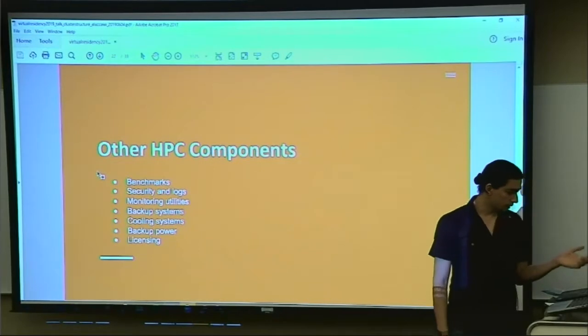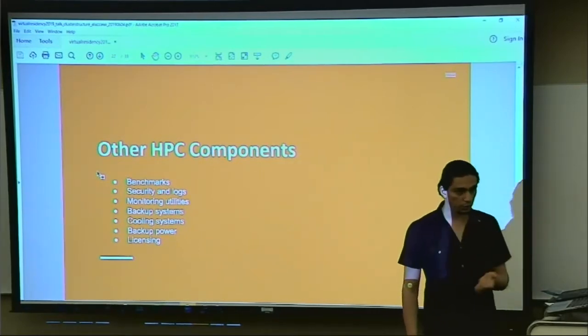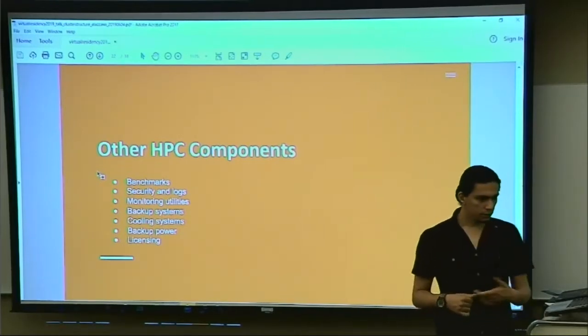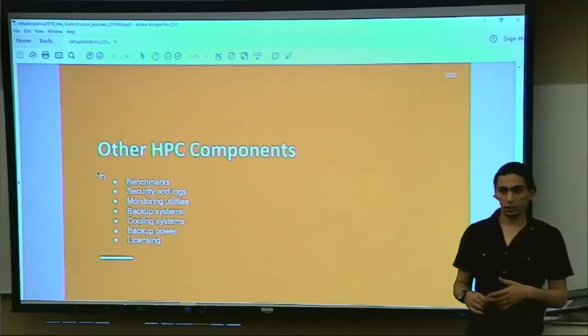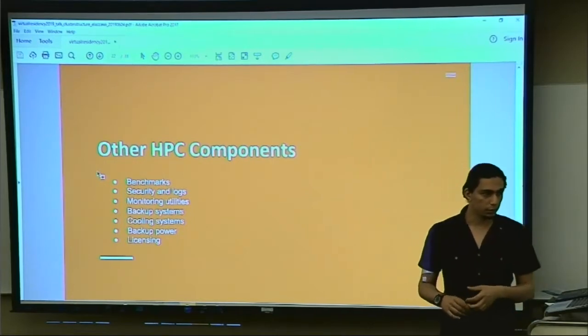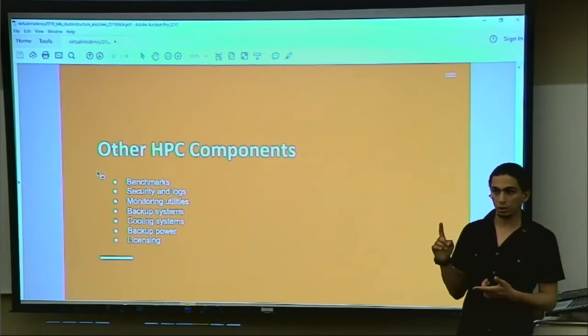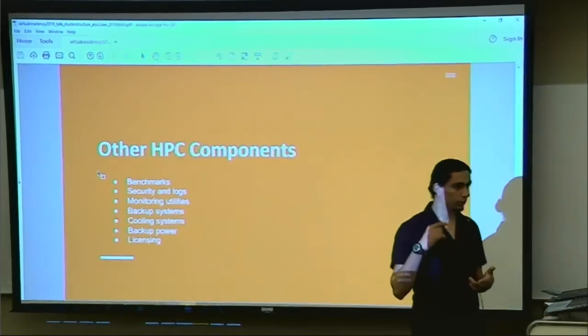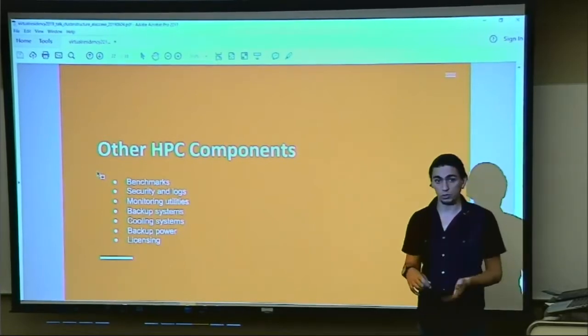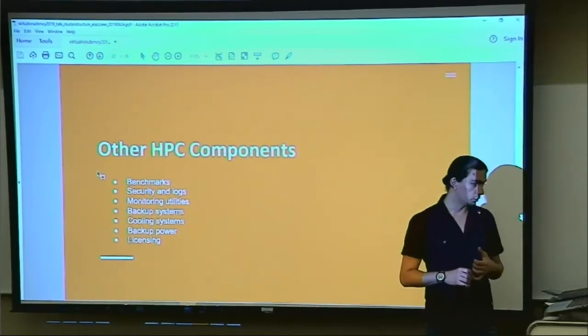You want to monitor, and when I say monitoring utilities, we talk about things like Ganglia, or other servers that you can build, or maybe even small VMs you can build in your environment, to monitor hardware failures, cooling components going down, nodes rebooting.